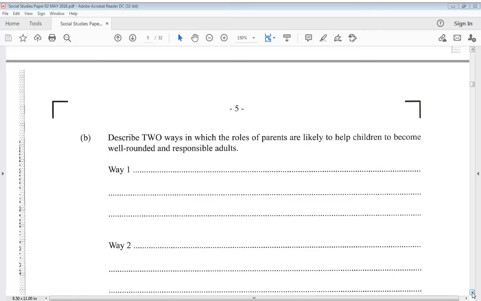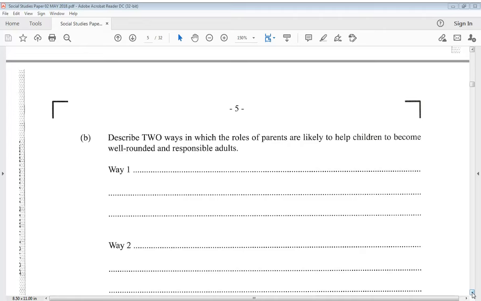Now, one, in describing, parents can set a good example by being industrious in order to provide for their children. So they would work hard in order to earn an income so as to care for the needs of their children.